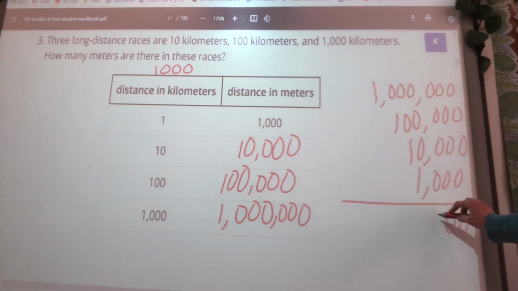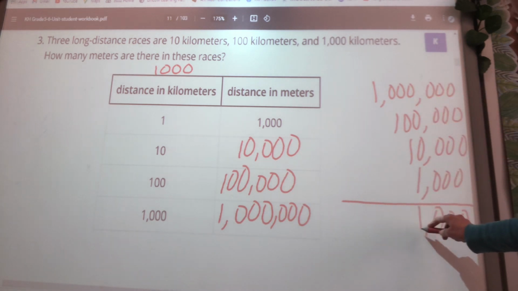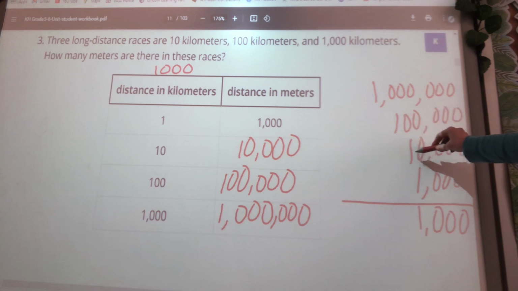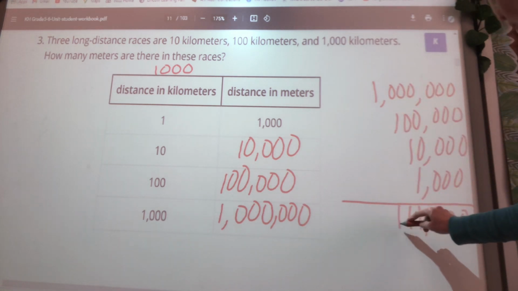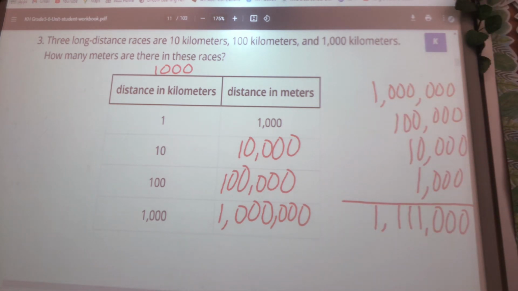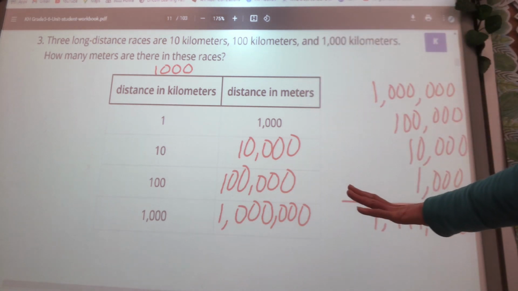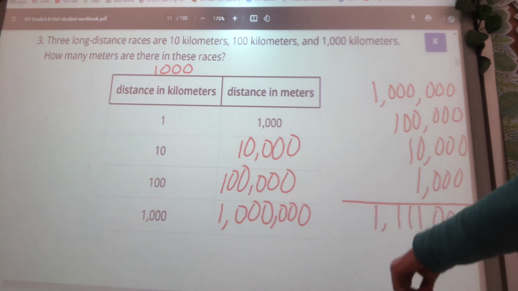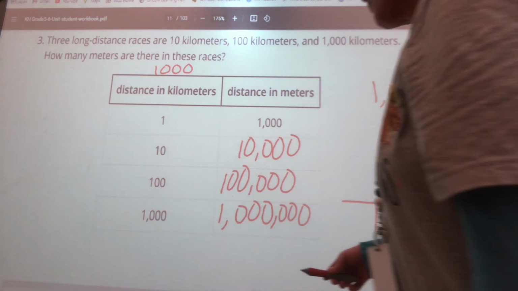We have zeros all the way down. In the ones place, we just have 1. And then we have 1. And then we have 1. And then finally we just have 1 million. So these 3 races all together would be 1,111,000 meters.